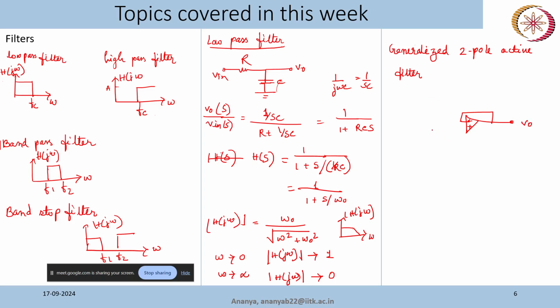The input voltage is here, this is Y1, where Y is admittance, the inverse of impedance, this is Y4 and this is Y3.